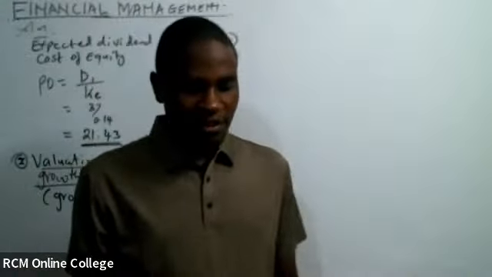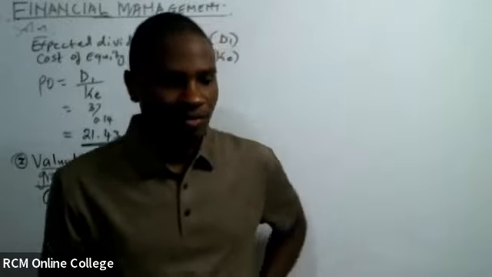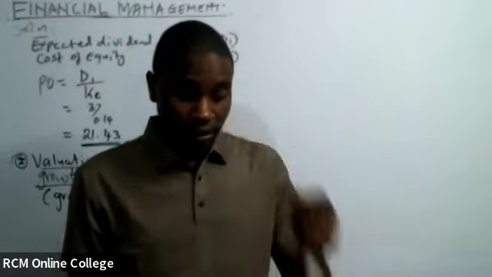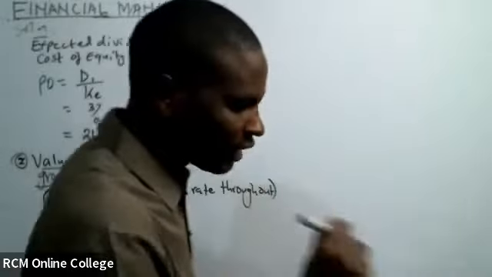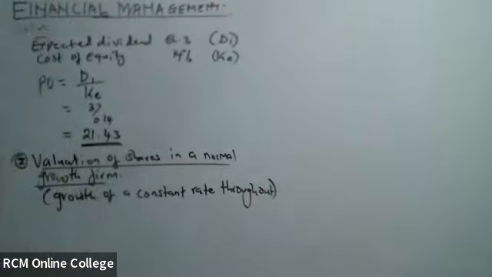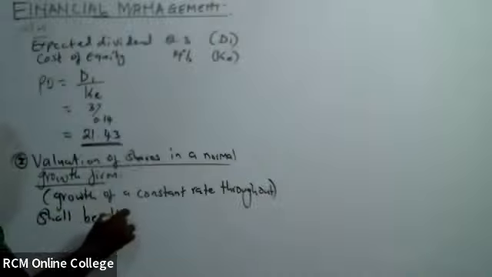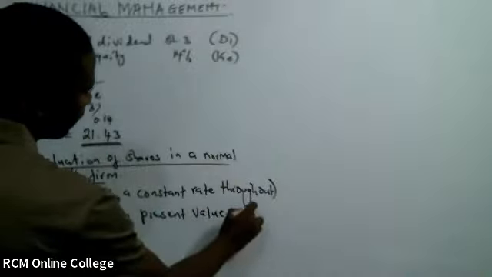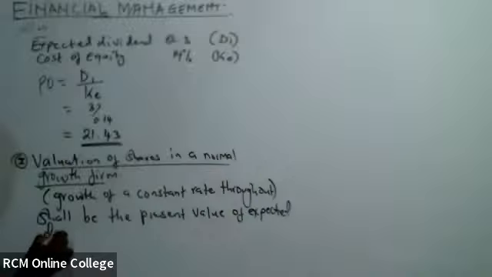Next point, the intrinsic value of an ordinary share in a normal growth firm shall be, very important, the present value of expected dividend.